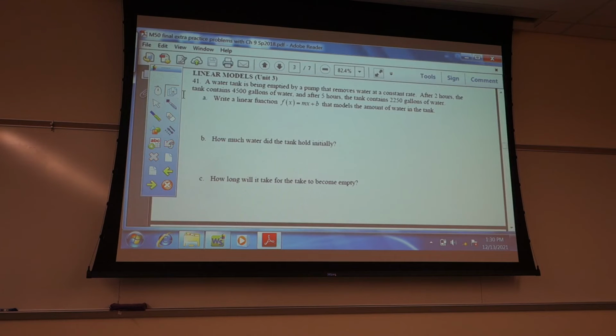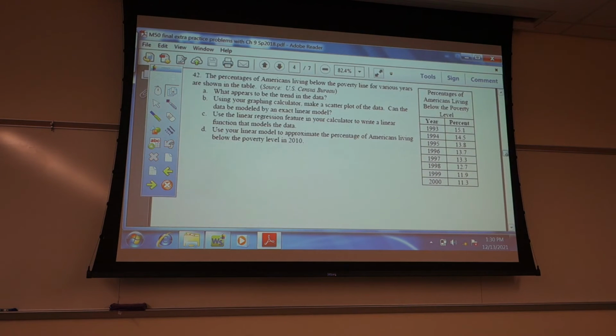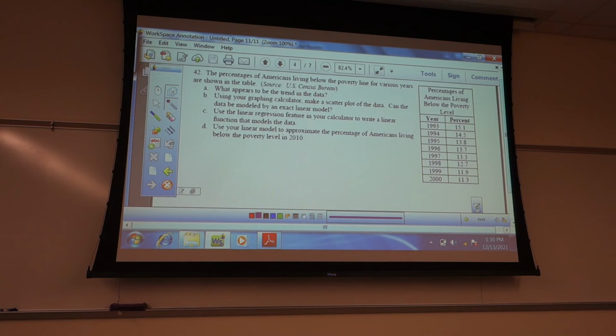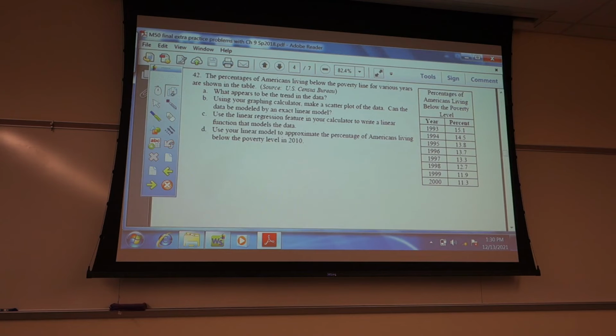Okay, let's look at the next one. What kind of problem is this? Look, read D. Again, it's linear. Okay, let's look at the next page.